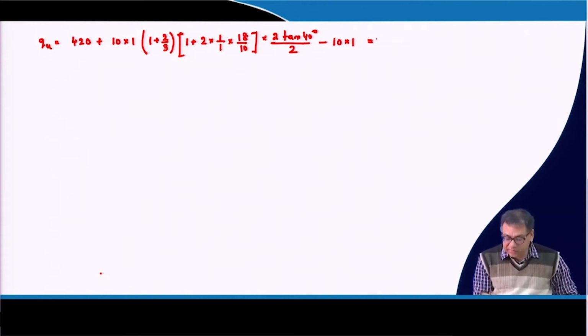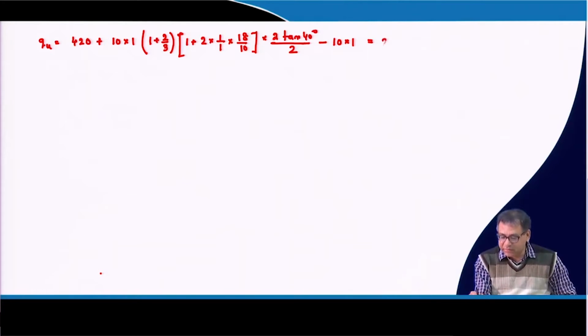During my calculation I have taken this as 5, so there will be some higher value that I am giving. You just calculate this and you will get the actual value.